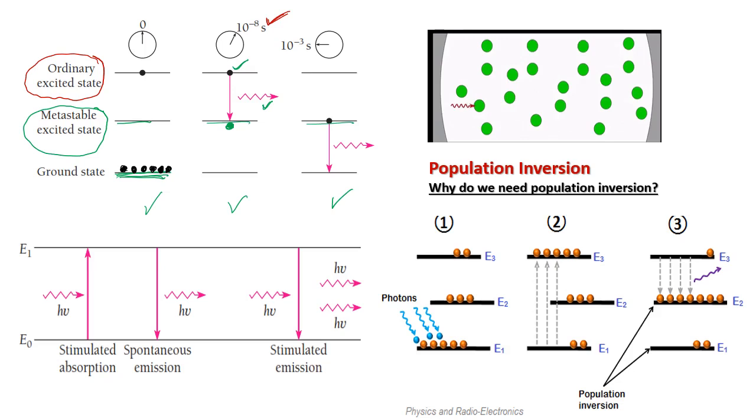The lifetime of the metastable state is of the order of 10 to the power minus 3 second, which is much greater than the life of the ordinary excited state. So this state has a major role to play in the lasing process.